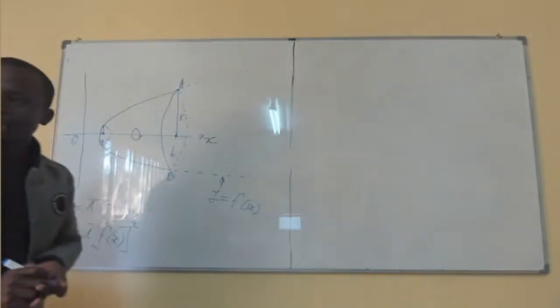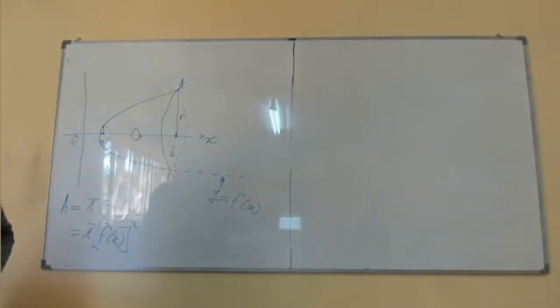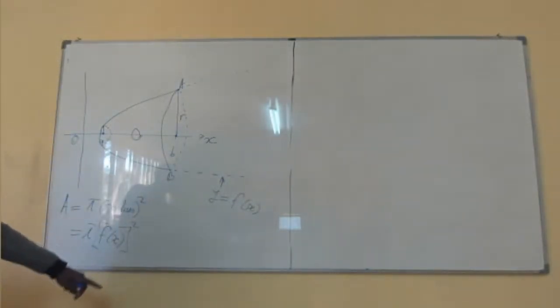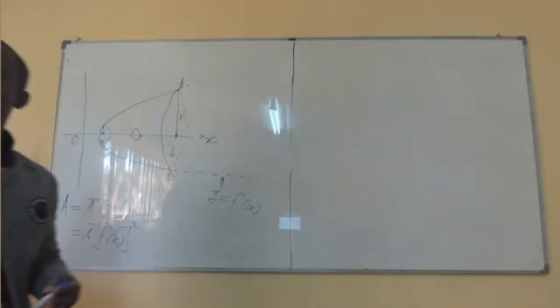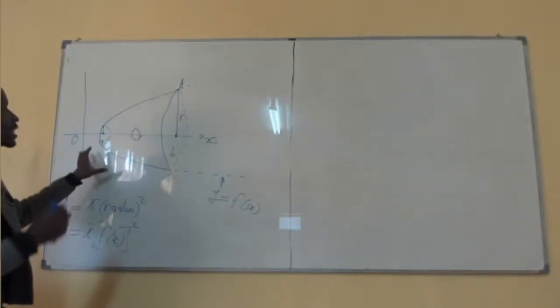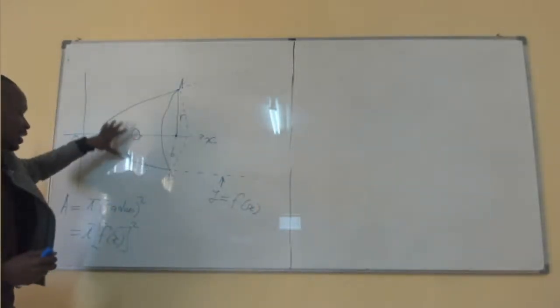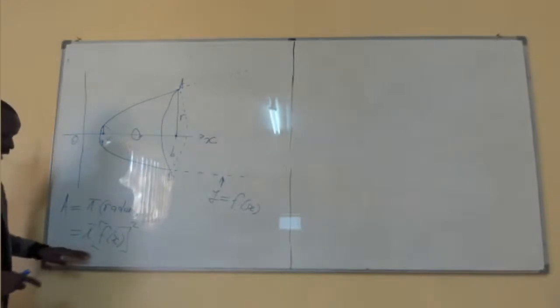Now, what is the volume of the portion of the curve? If this is our curve, the general area of this curve is this.